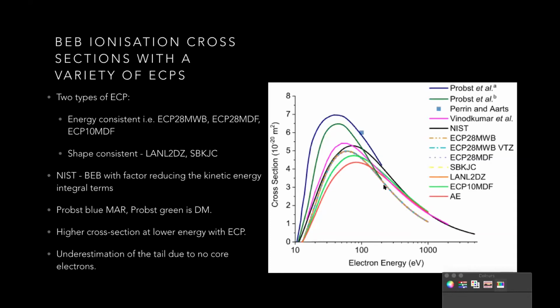Whereas these ones look very colorful and dashed, that's a whole bunch of ECP calculations. So that's where these ECP28, this is the number of electrons that have been removed, and the MWB means that it is quasi-relativistic. Whereas this MDF means that the fitting went on with a Dirac-Fock Hamiltonian. So this is full relativity, but we see no difference between those two.